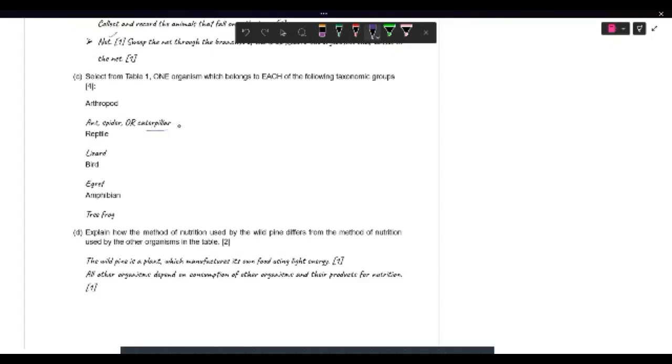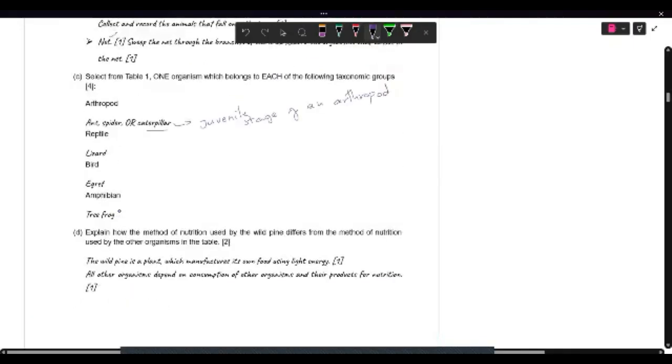Caterpillar because this is the juvenile stage of an arthropod, so it can still be classified as an arthropod, yeah. Reptile would be lizard, bird, egret, amphibian, tree frog, right? Straightforward, 1 mark each, good to go.